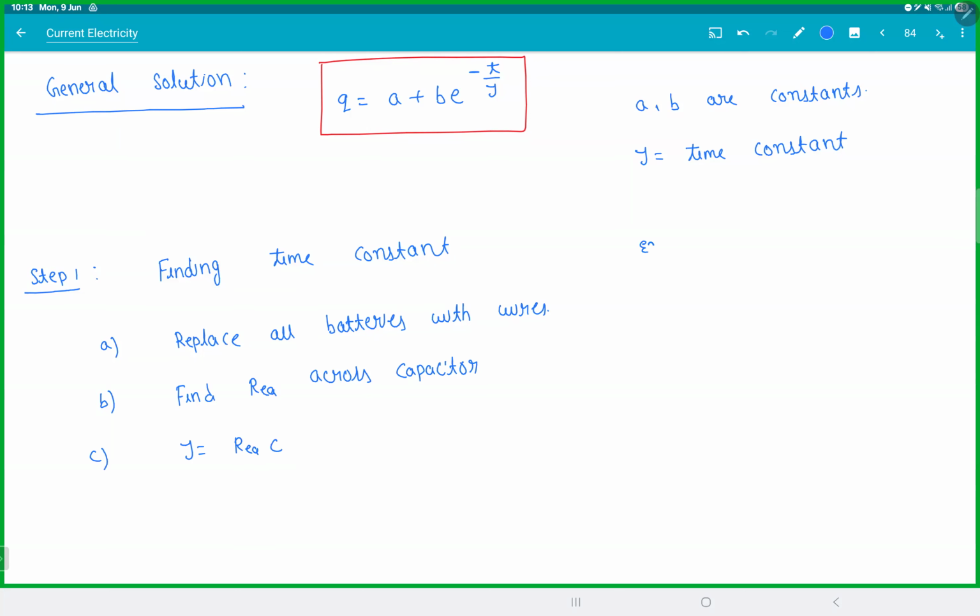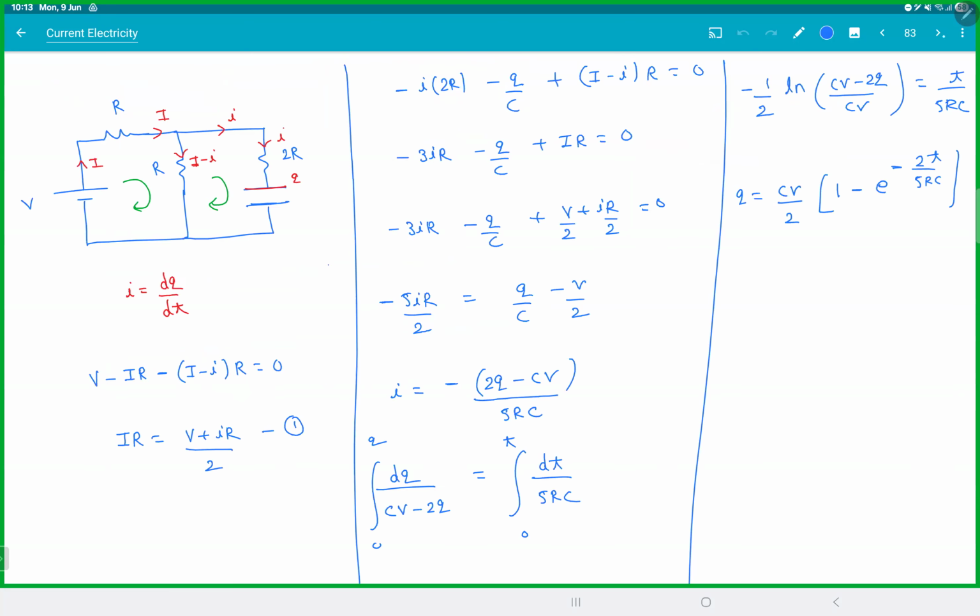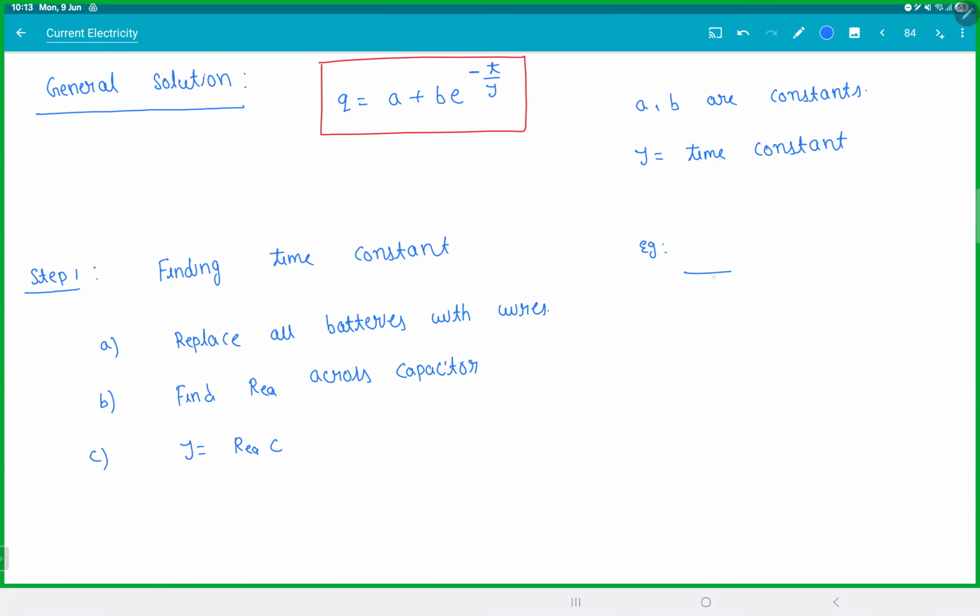So I will just take the example with the same question which we have done. Since we already know the answer, R, 2R, and C. Step one, make all the batteries into wire. So wire, resistor, resistor, resistor.